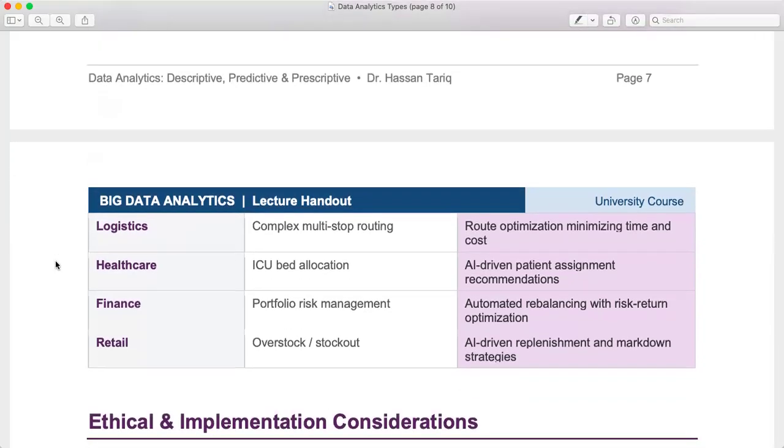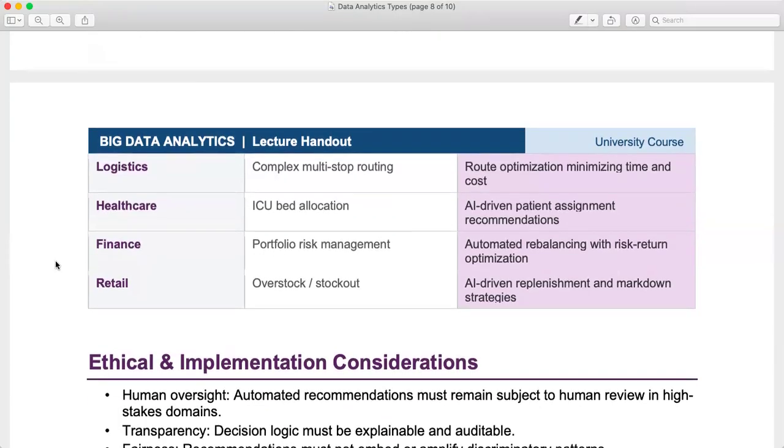For healthcare, patient assignment recommendation, where patients in critical condition should be given priority. Then in finance, automated rebalancing. And in retail, we can go for AI-driven markdown or replenishment strategies, so that we do not go for overstocking or stock out.